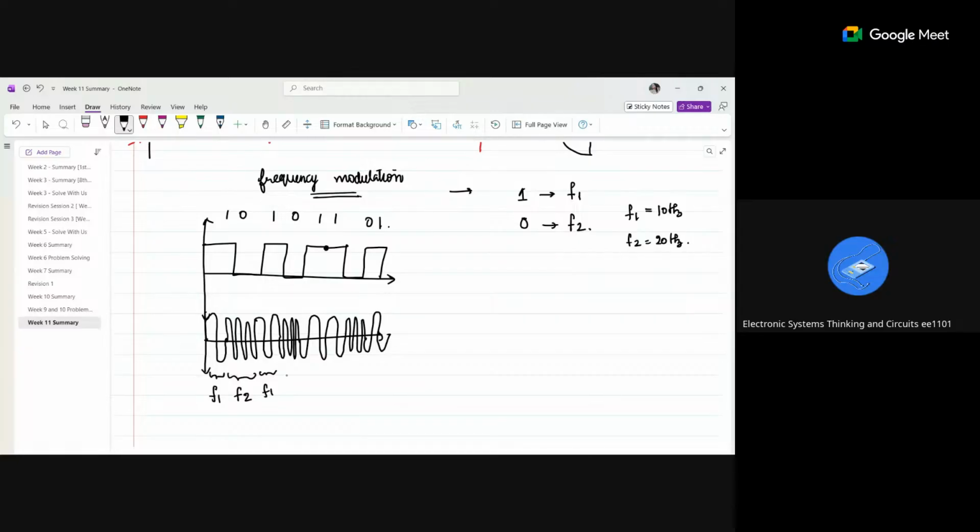This is F1, this is F2, this is F1, this is F2, this is F1. So basically 1 is represented using a frequency F1 and 0 is represented using a signal F2. See here the amplitude is fixed.